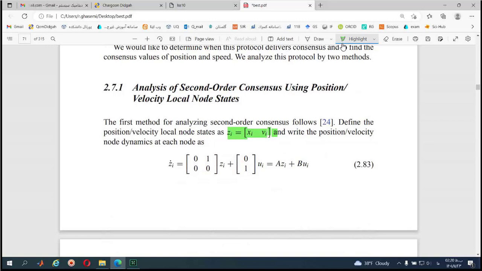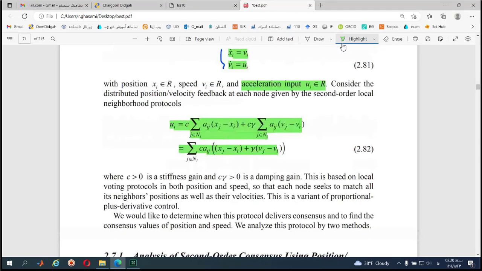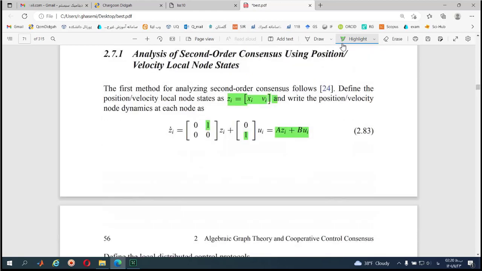Xi dot equal to vi, this means 1, and vi dot equal to ui, this is equal to 1. Az plus bu becomes the dynamic of the system.